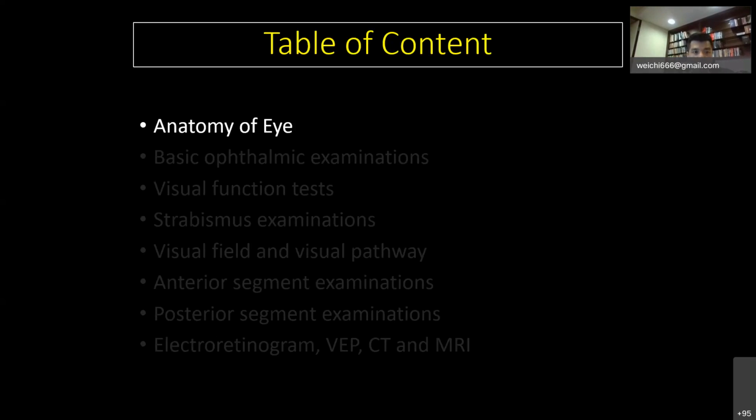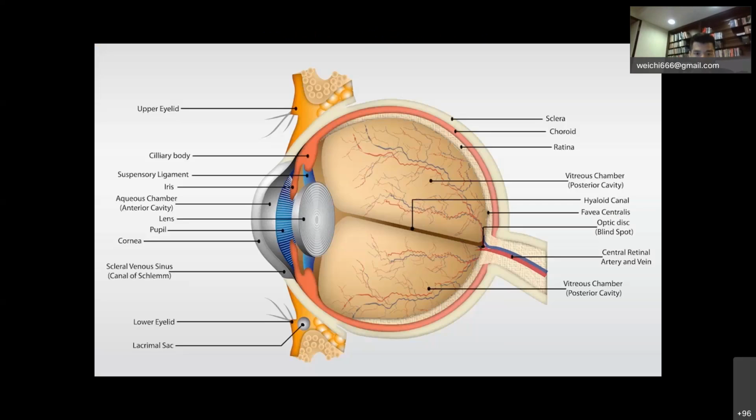First of all, let's take a look at the anatomy of the eye. So this is a cross-section of the eye. In the front part, you could see this transparent tissue called cornea. So this is the most anterior section of the eye. Then you have this upper eyelid, lower eyelid, and actually this tissue over here is covered with conjunctiva, and this tissue, these are sclera.